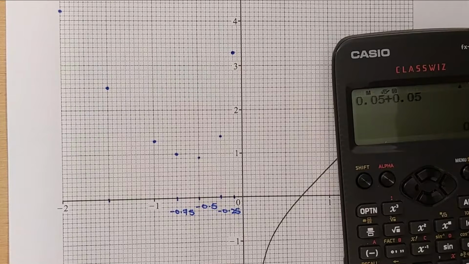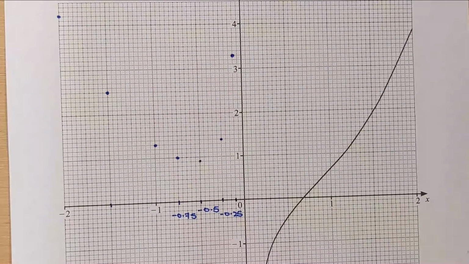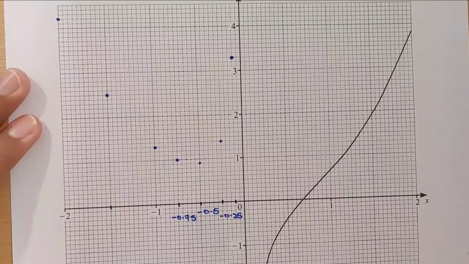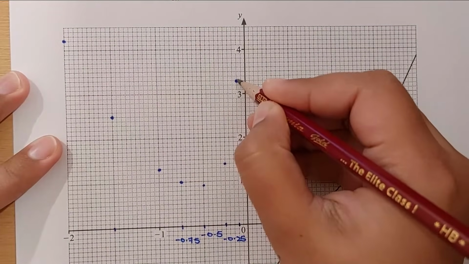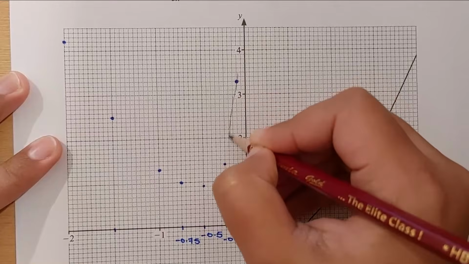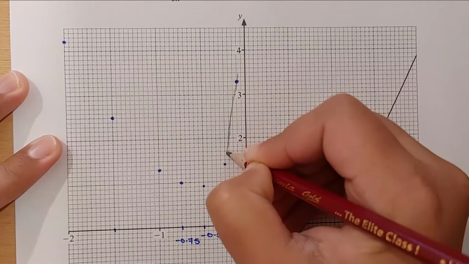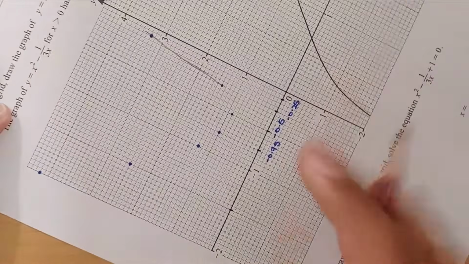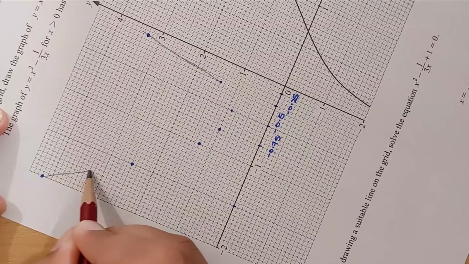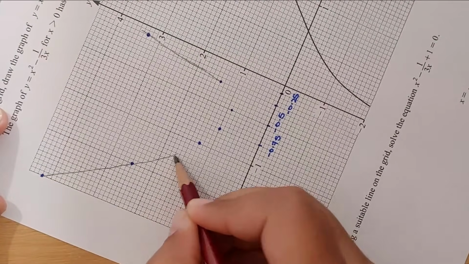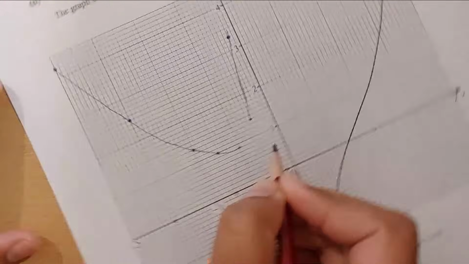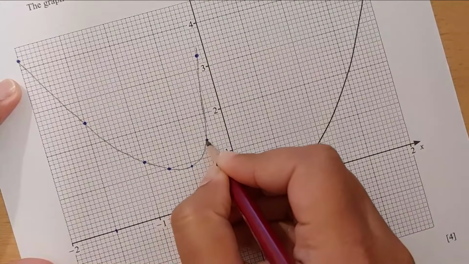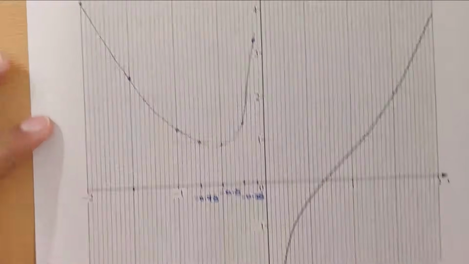Let me connect all the points to get the smooth curve of this function when x is between minus 2 and minus 0.1. Make sure my curve passes through each and every point. So this is the shape of the curve, right?